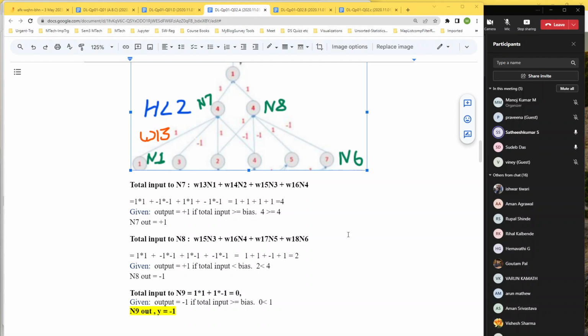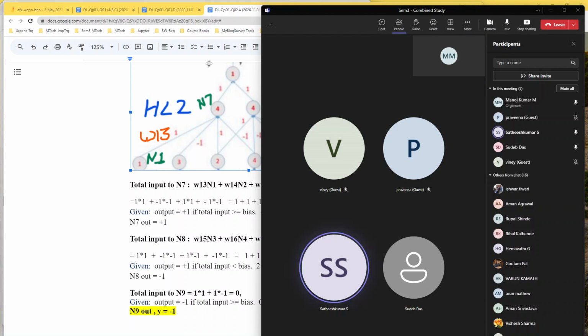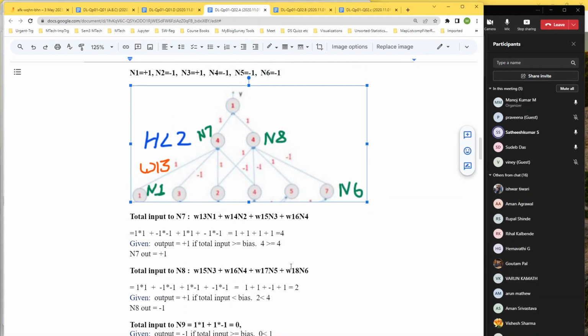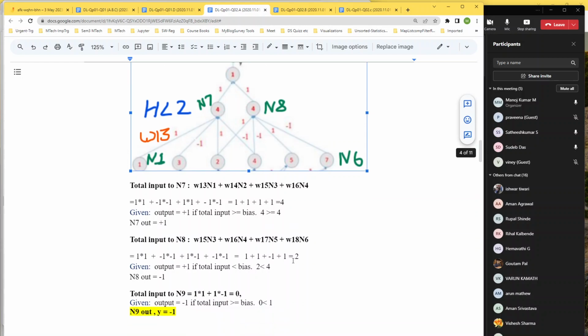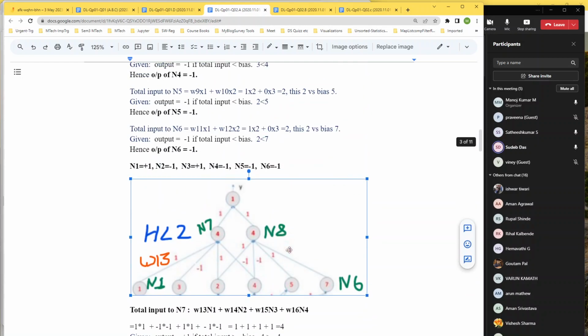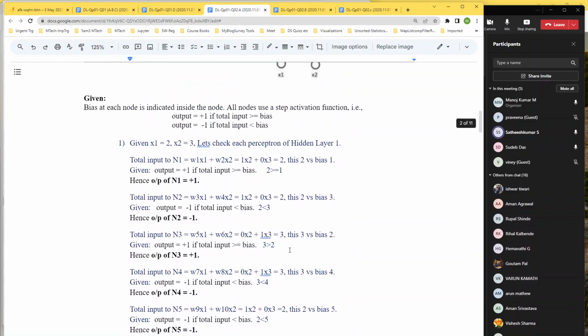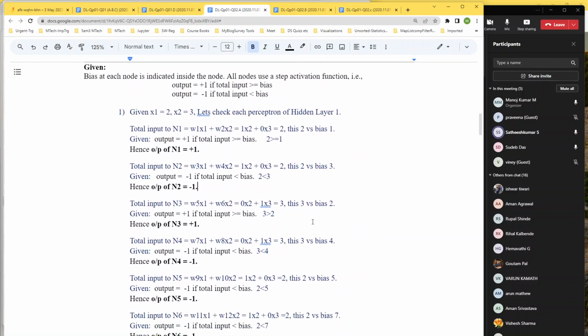In the first case, it's going to be 1 into 1, 1. In the second case, whatever we are giving, when in N2, what's going to be the input in this case? From the node N2, it's going to be -1.